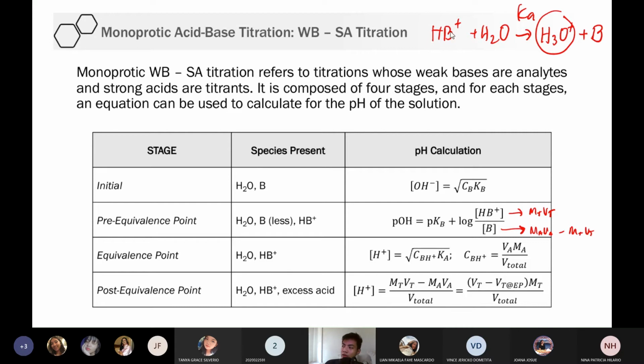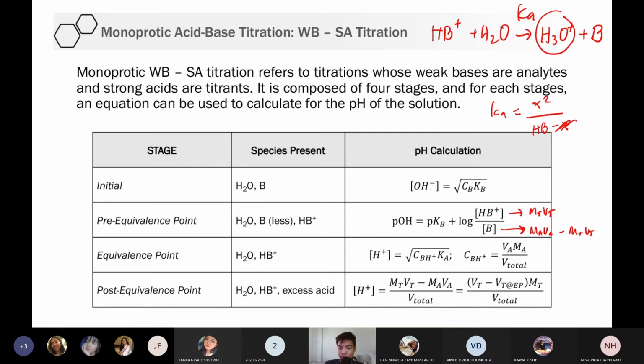Yung ating conjugate acid, it reacts with water to produce hydronium ion or H+, no? Or H3O+. So, this equation is Ka. Okay? So, same equilibrium process, no? That's Ka equals x squared divided by HB minus x.